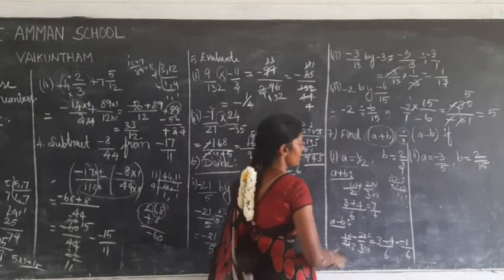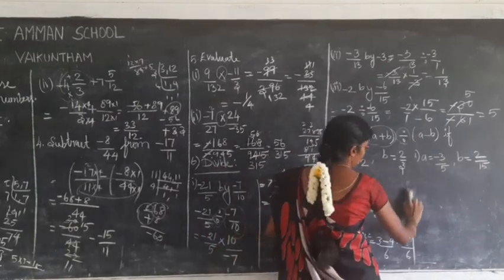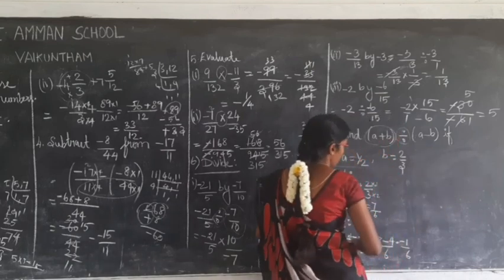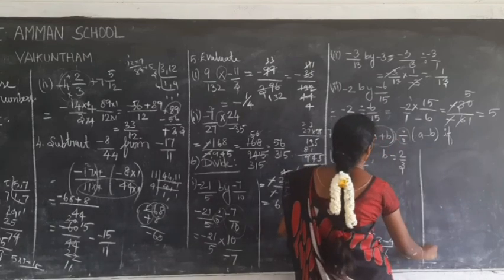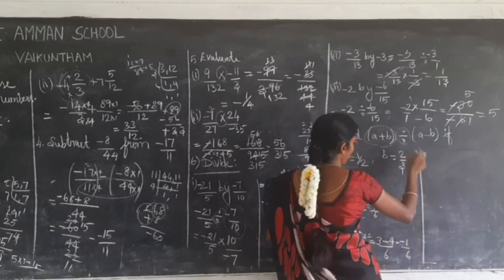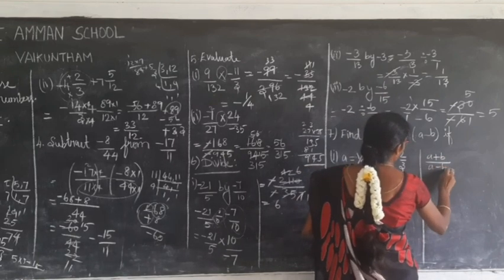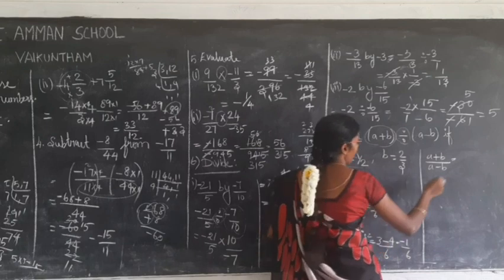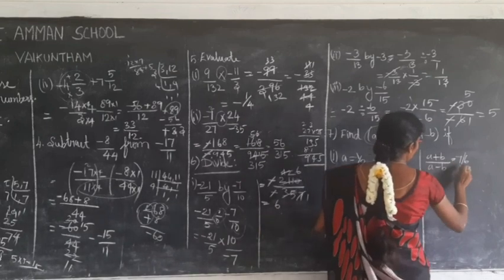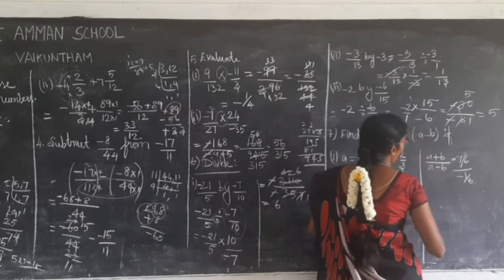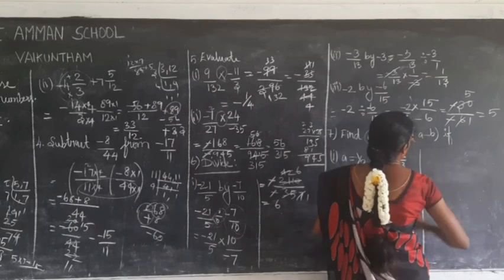So what is the next step? You have to divide. So how will you divide? So what is A plus B? A plus B divided by A minus B, which is equal to 7 by 6 divided by minus 1 by 6. So you can write like this.